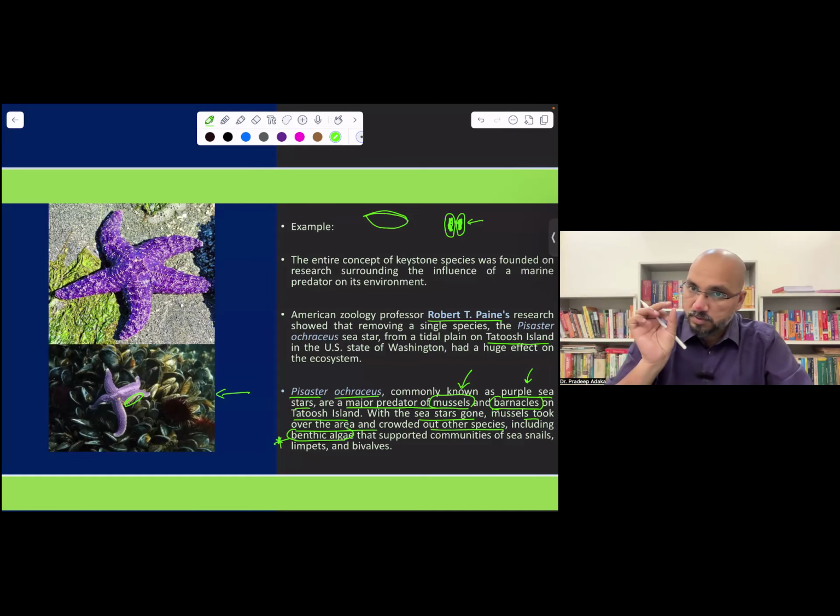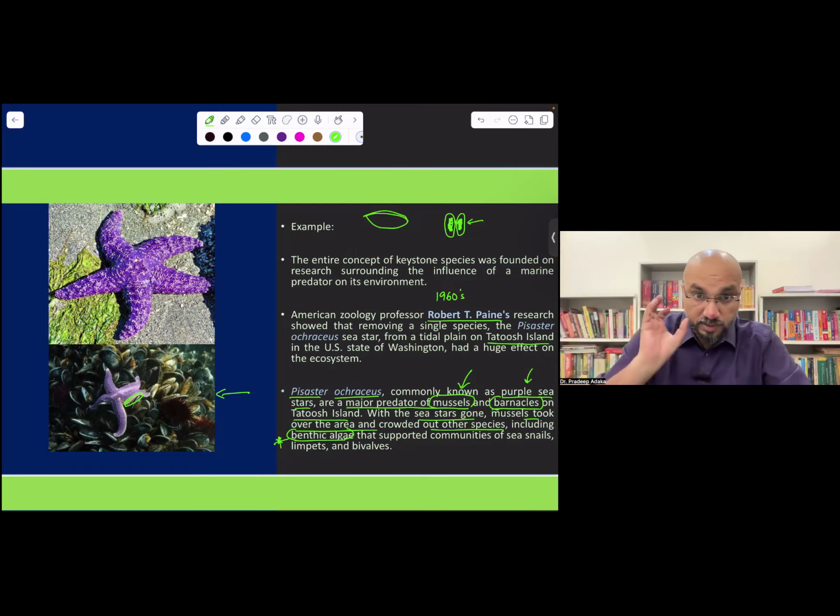So if this purple star was there, it controlled the growth of mussels, and other communities or other species also survived in that area. So if you remove this key species, which was playing a very crucial role, the entire ecosystem collapsed. I guess now you got an idea. So it was done in the 1960s.